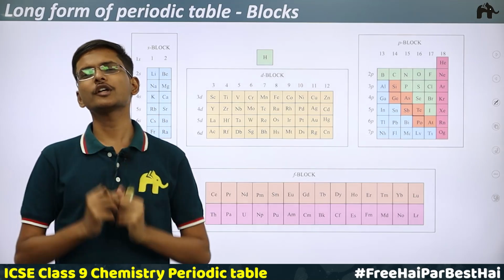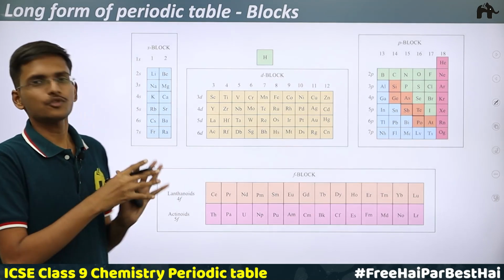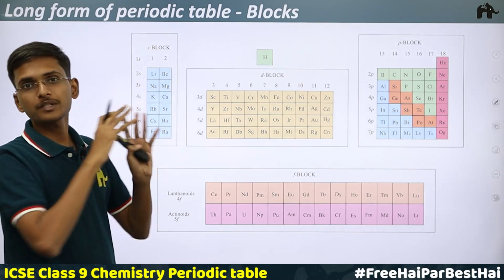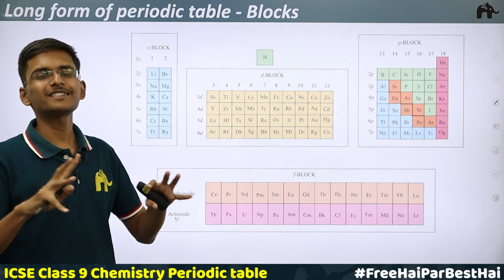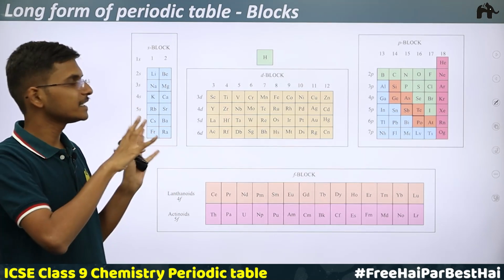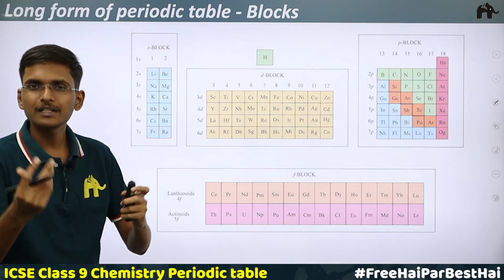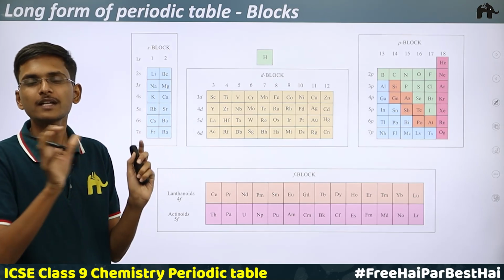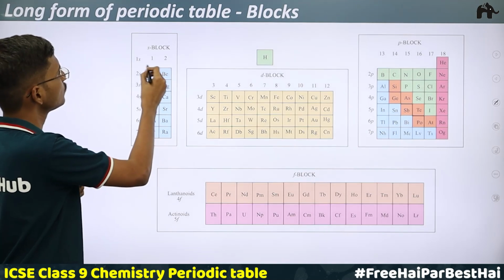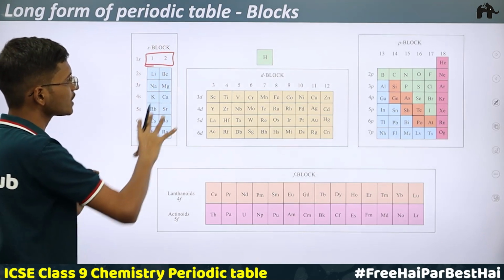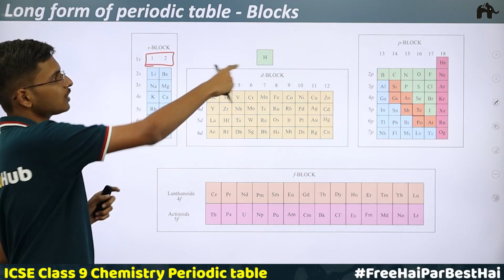Now, just for your info, we are not supposed to study the classification as per the blocks, but since we have studied so much about periods and groups, it would be easy for you to have a glimpse of the classification of elements as per the blocks. So group 1 and group 2 elements are called S block elements, not considering hydrogen.